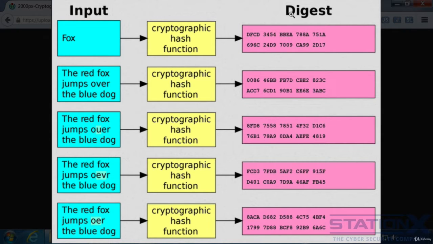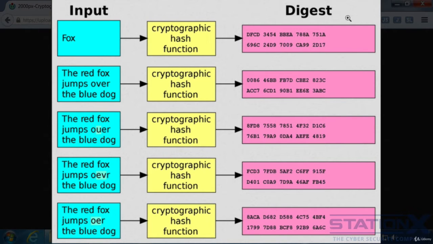A hash function takes as input data of any size. So it can be an email, a file, a word. In this case, we've got Fox, and it converts it via this hash function to here, a fixed size string of characters. And these values returned by the hash function are referred to as simply hashes or message digests, or in this case, digest.